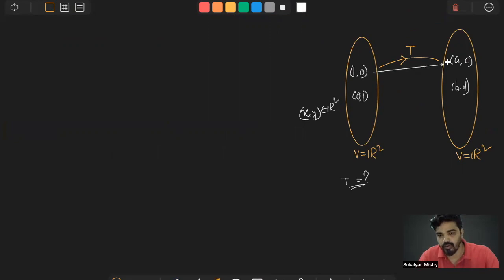T of 1, 0 is A, C and T of 0, 1 is B, D.